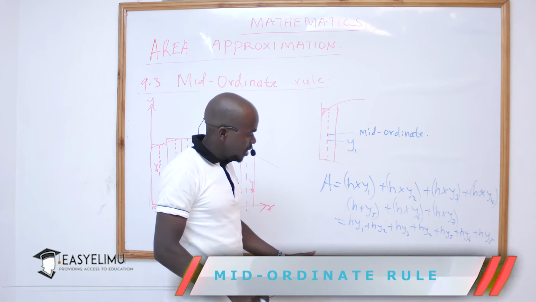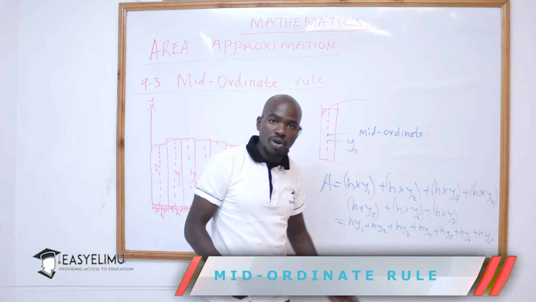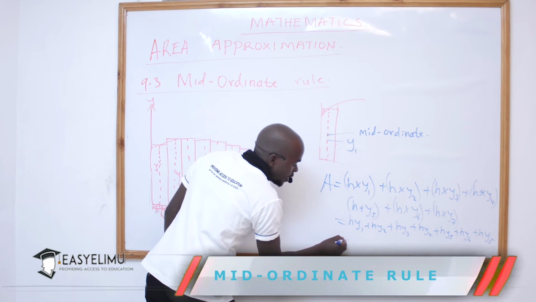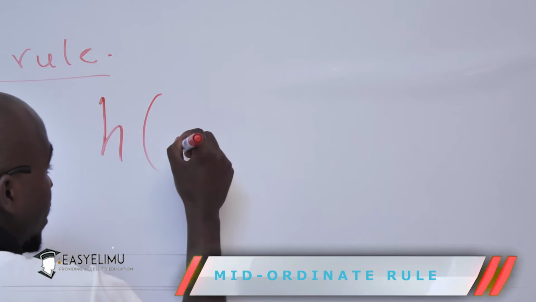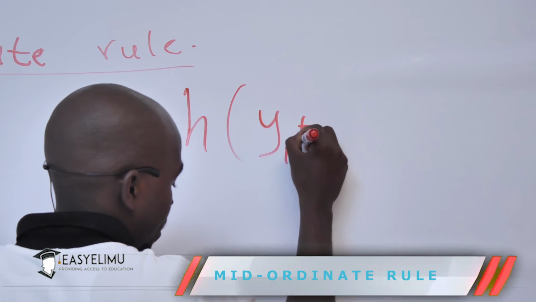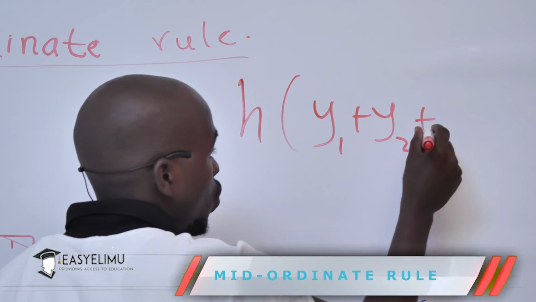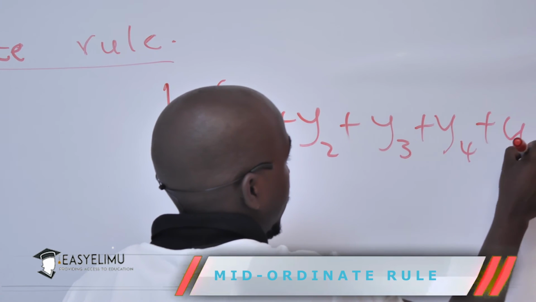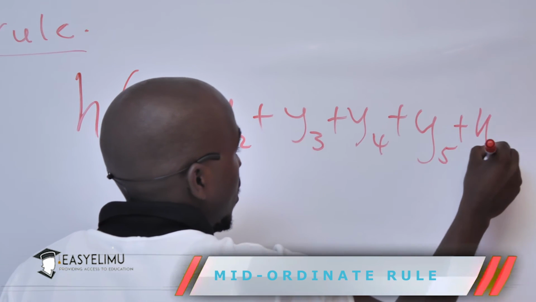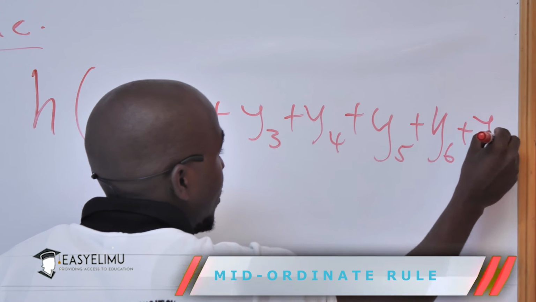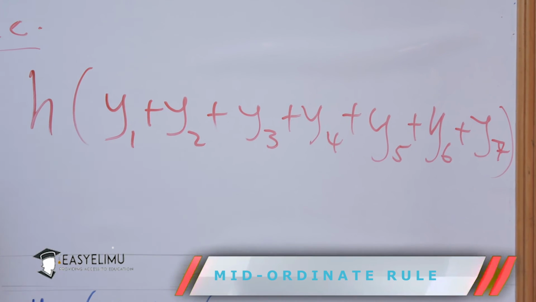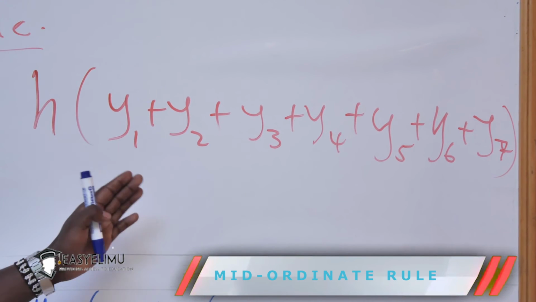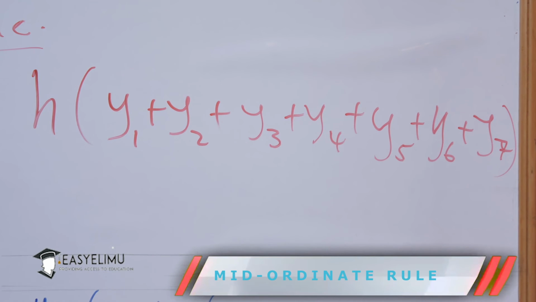Since h is common, we factor out h, and we get h times y1 plus y2 plus y3 plus y4 plus y5 plus y6 plus y7 for our instance, and this goes on up to the number of y's you have.